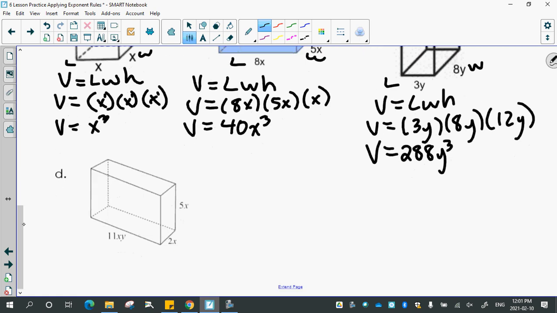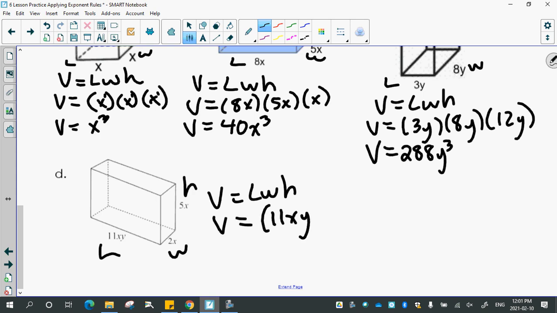And how about D? I'm going to write out my formula, label my length, width, and height, and substitute them in. 11xy times 2x times 5x. 110 times x cubed y.